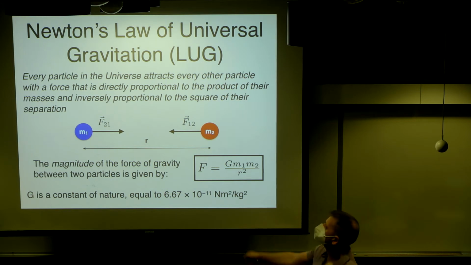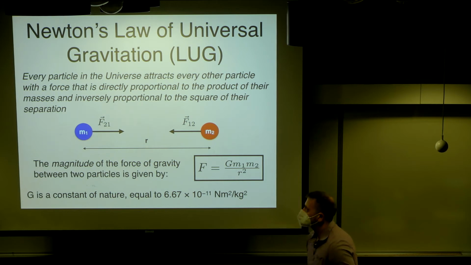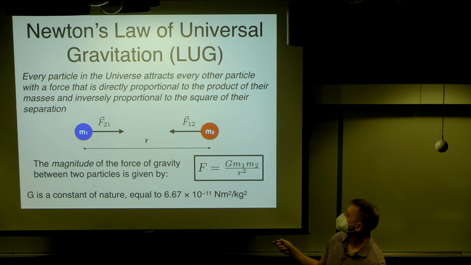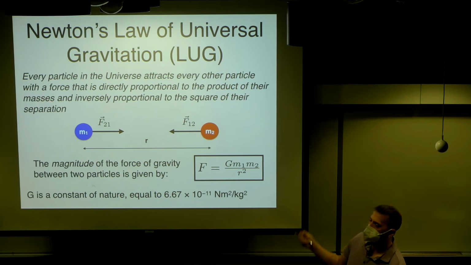Here's what it says in words, then we'll put it in an equation. Every particle in the universe attracts every other particle with a force that is directly proportional to the product of their masses, but inversely proportional to the square of their separation.